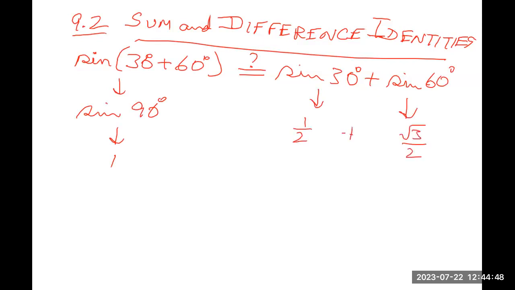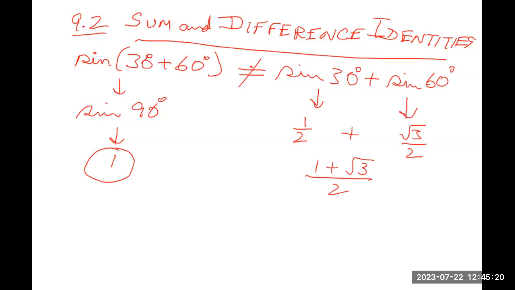When you add them, what you get is 1/2 plus √3/2, and not 1, which would be the case if this equation was true. So clearly, you cannot distribute the trig function like that. So then the question is, how does one think about sine of 30 plus 60? How does one simplify it?